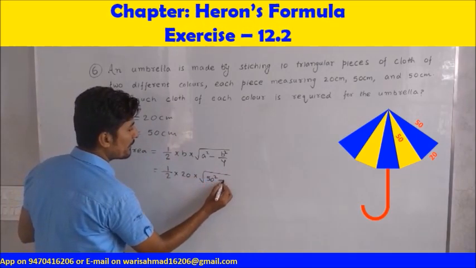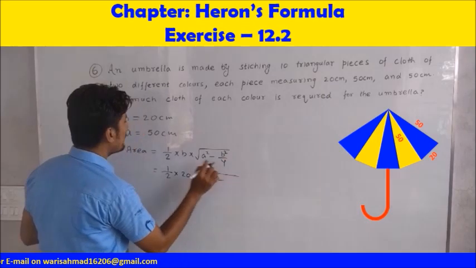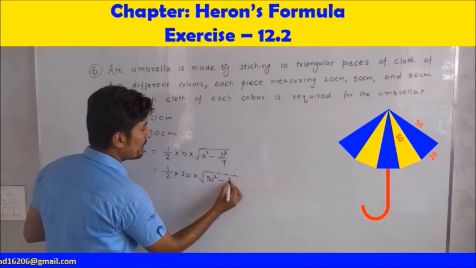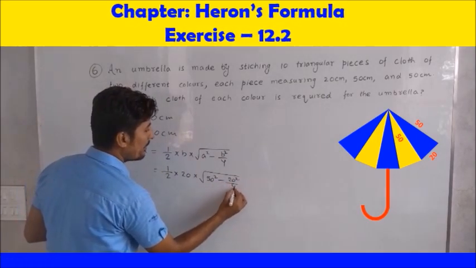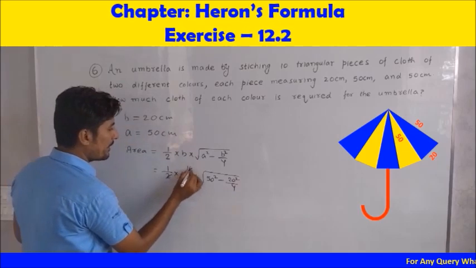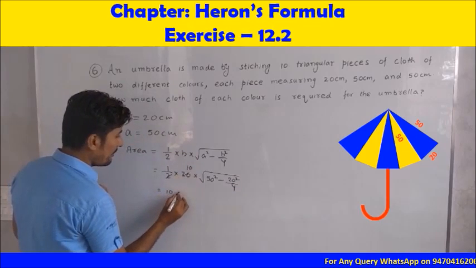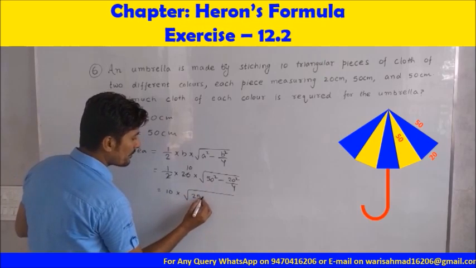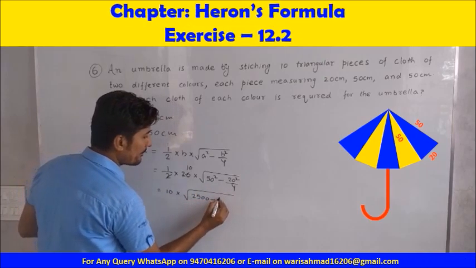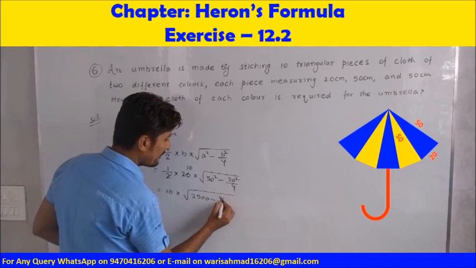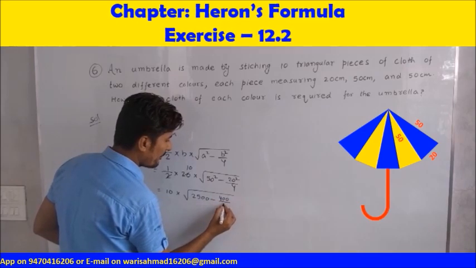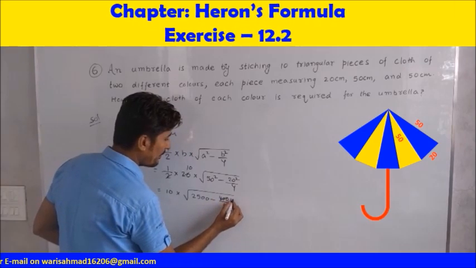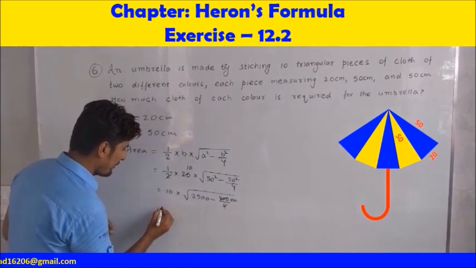Square is there, so we put the square, minus B square upon 4, means 20 square upon 4. We can write here 10. So 10 multiplied by square root of 2500 minus 400 upon 4. So here we can write 100.